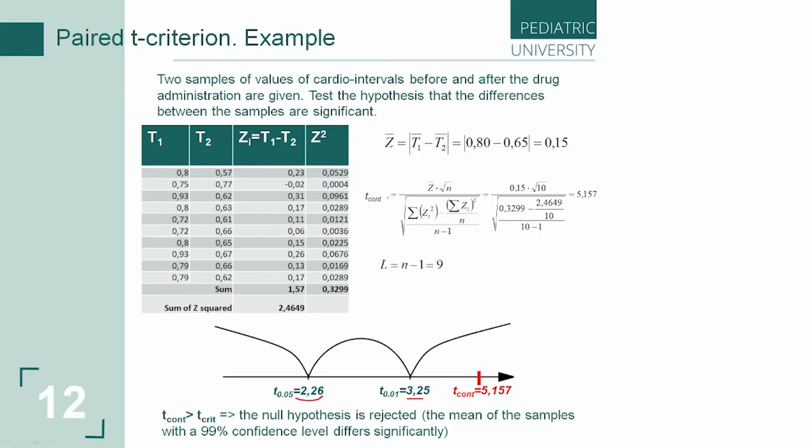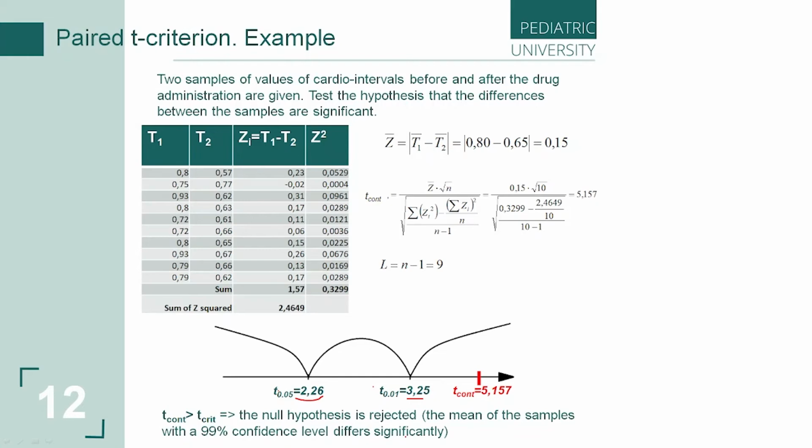We plot them on the axis again, and our control value 5.157 is greater than these critical values. Therefore, we can reject the null hypothesis with 99% confidence and say that with 99% confidence, the differences in the cardio intervals before and after the procedure are statistically significant.